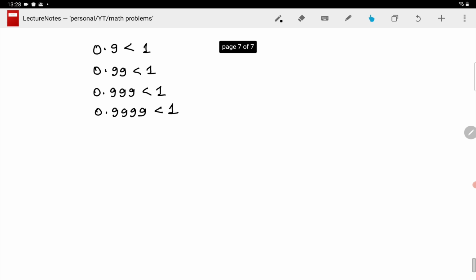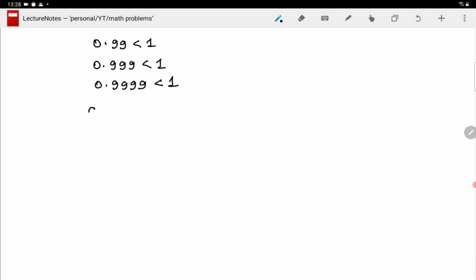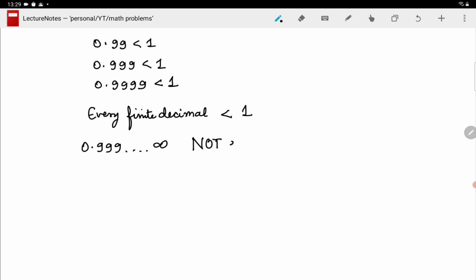Every finite decimal is less than 1. But 0.999 extended to infinity is not a finite decimal.